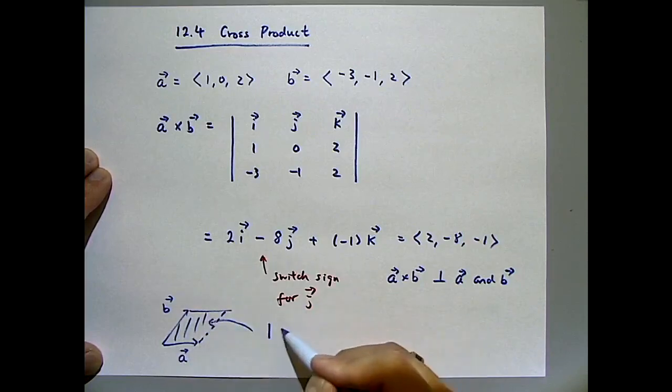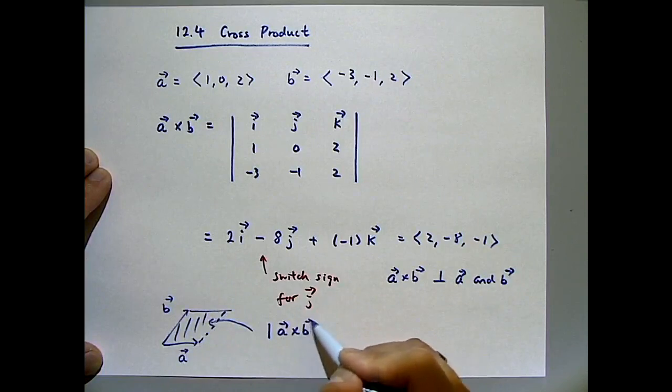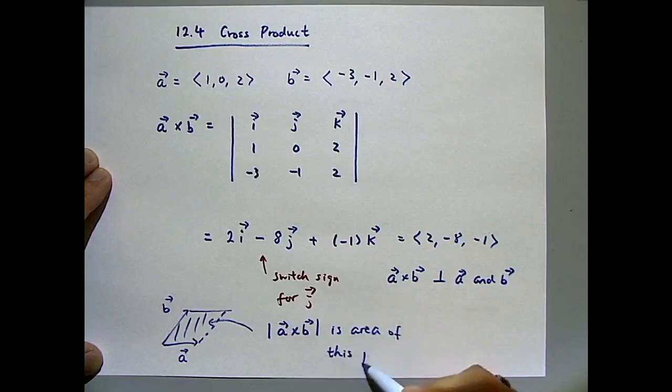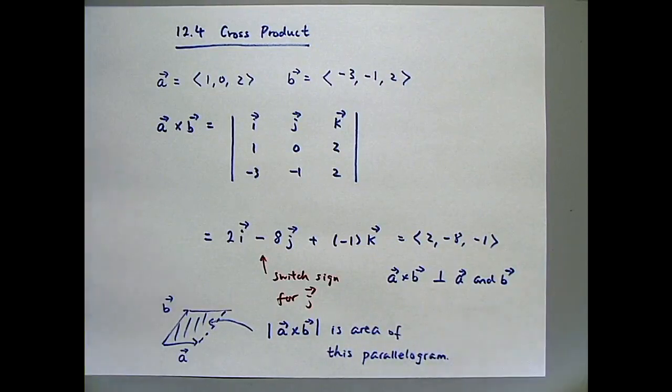The magnitude of A cross B gives you the area of this parallelogram. Right? Remember that? You do A cross B, it gives you the area of the parallelogram defined by A and B.